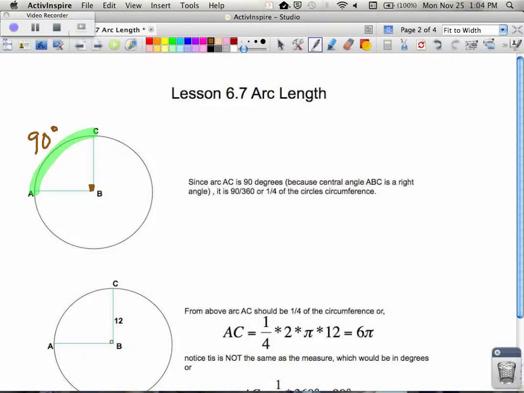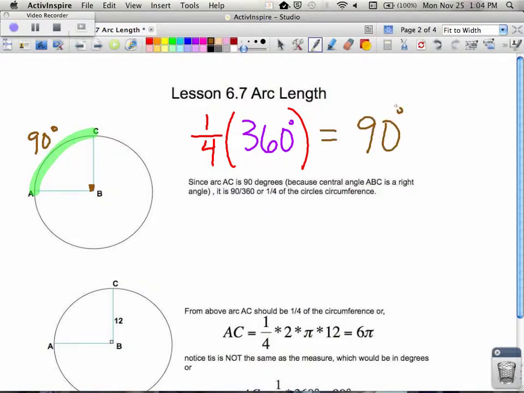And 90 degrees is 1/4 of the way around the circle. So 1/4 of the way around a total of 360 degrees is the same as 1/4 times 360, or in other words, 90 degrees.